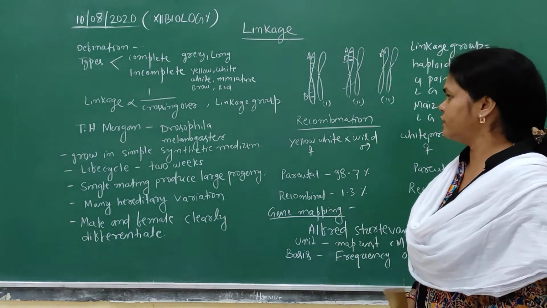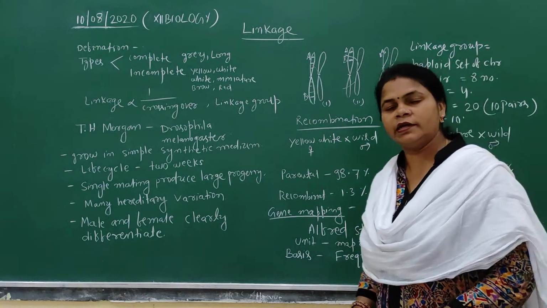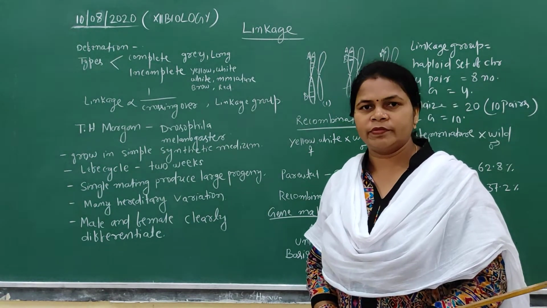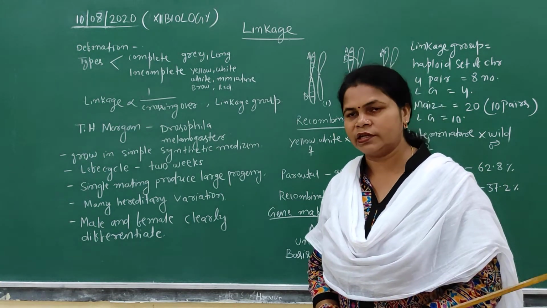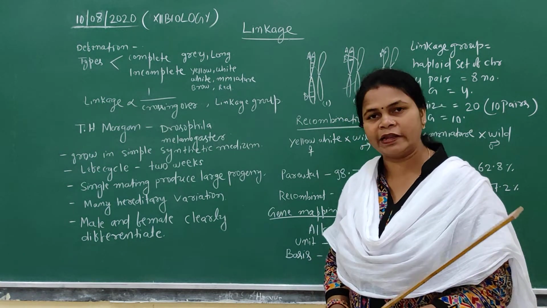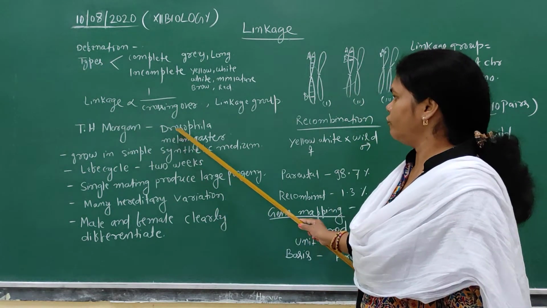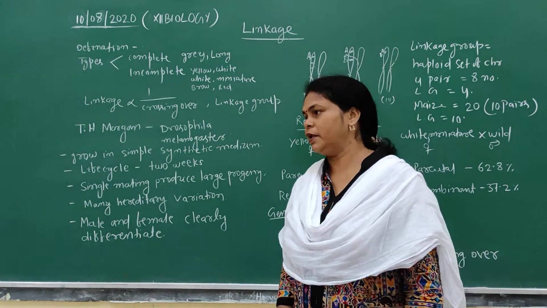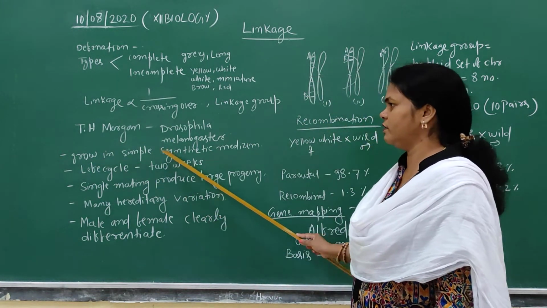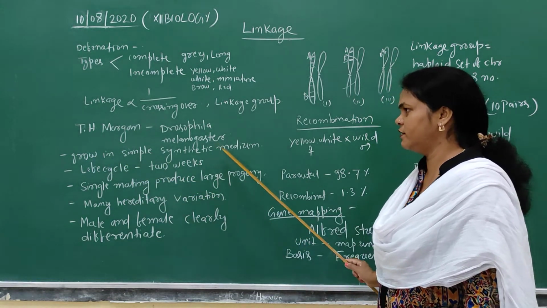Clear? So next, the recombination process. Here T.H. Morgan studied these linked genes in Drosophila melanogaster, the fruit fly, taking it as his experimental sample for the following reasons. Drosophila melanogaster grows on a simple synthetic medium.